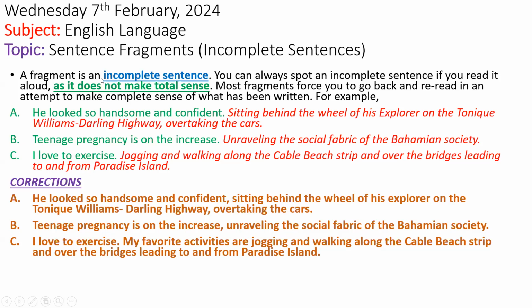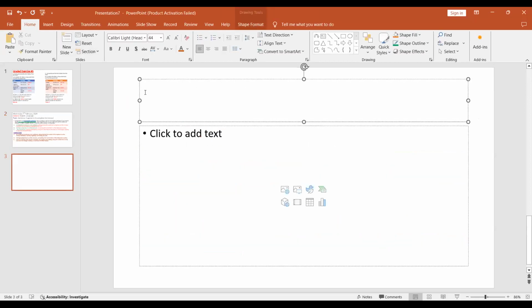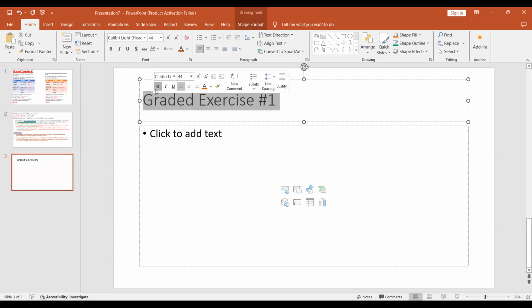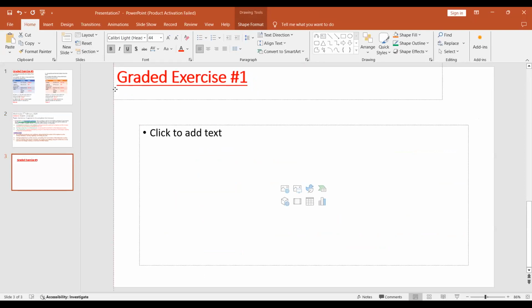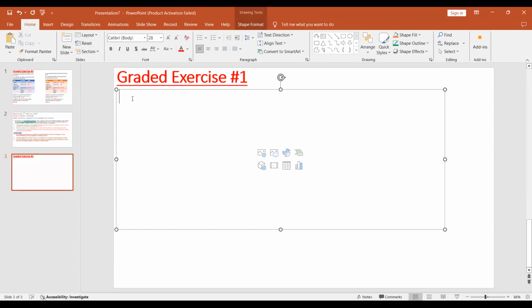So let's go ahead and do an exercise. For this one, I want you to correct my paragraph. So here's that exercise. Number 1. Write it and then rewrite it, correcting the mistakes.